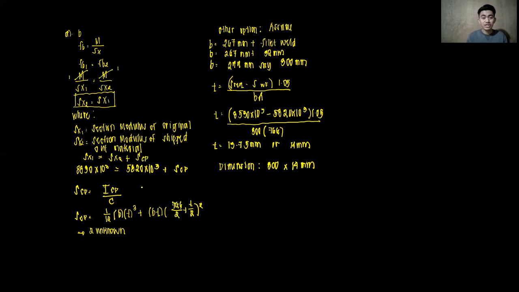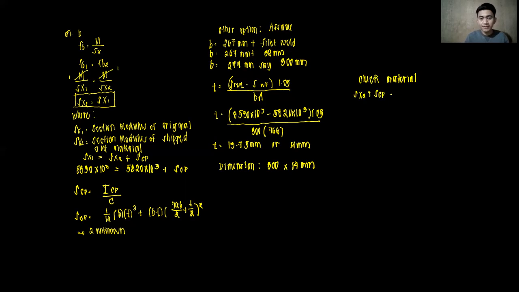So we need to check the section modulus of our material. I will write here, check material. Let us denote the value as SX2 plus SCP.